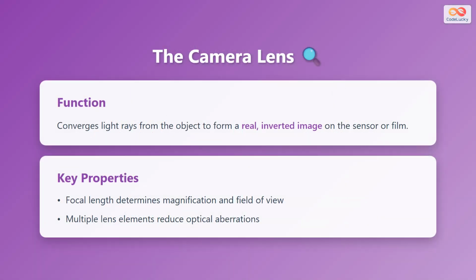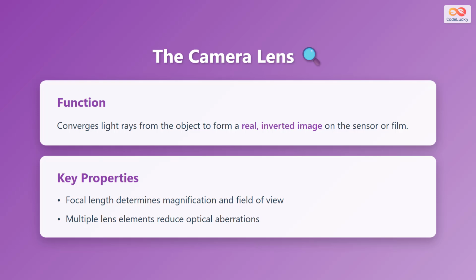The lens is arguably the most critical component of any camera. Its primary function is to converge light rays from the object to form a real inverted image on the sensor or film. Camera lenses are typically converging or convex lenses, which means they bend light rays inward to meet at a focal point. The focal length of the lens determines both the magnification and the field of view of the captured image.